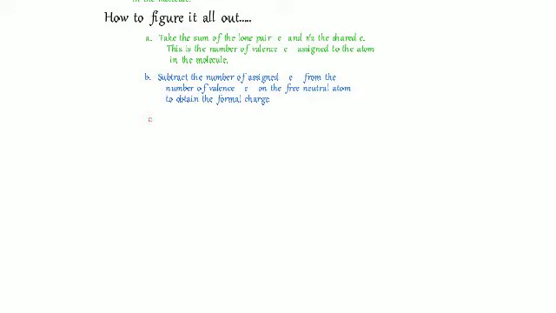For C, the sum of the formal charges of all atoms must equal the overall charge on that species. We're going to do an example. And D, this will be in the next part, part 4.